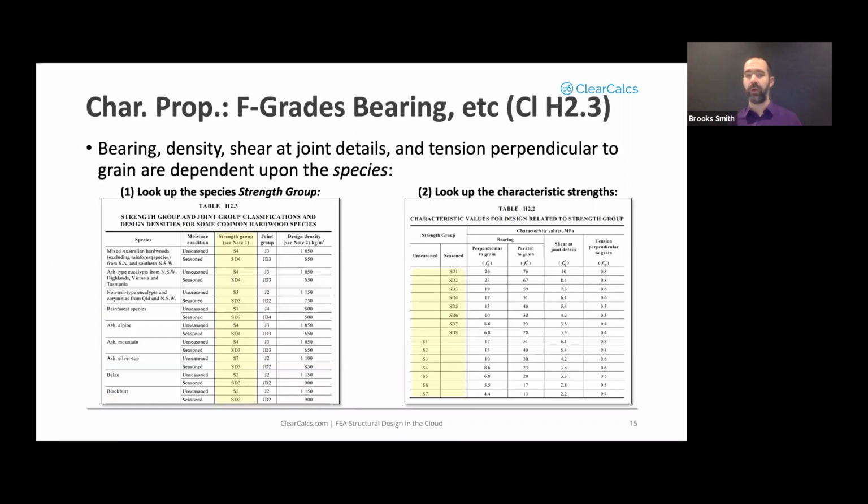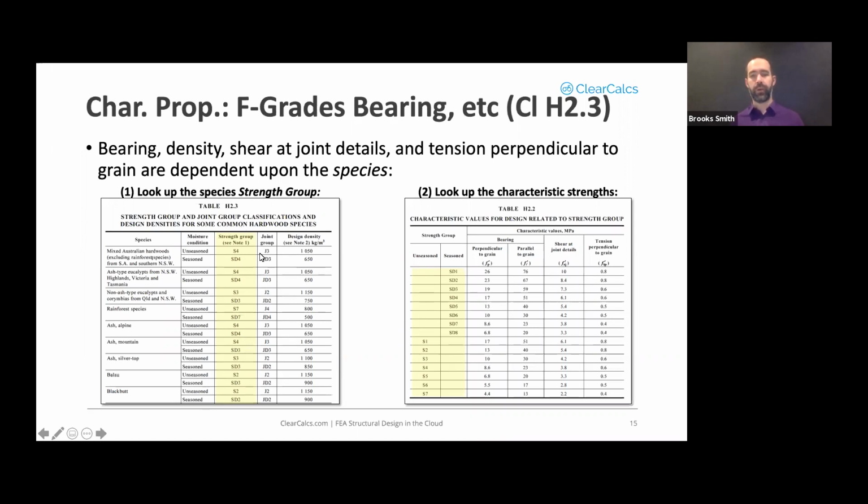And those come from a different set of tables that are dependent upon the species of timber. So in order to find this, there's a long table in Appendix H, table H2.3. I've only shown a small segment of it here on the left side that will tell you all of the different species available and the strength group that each is associated with.